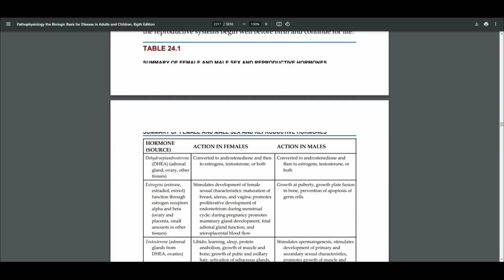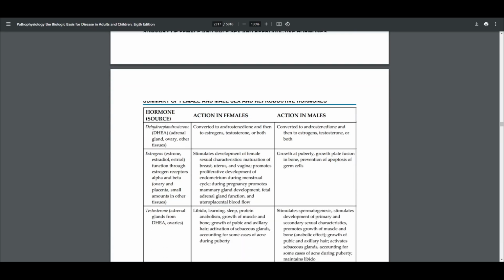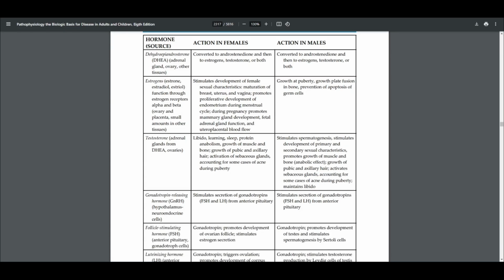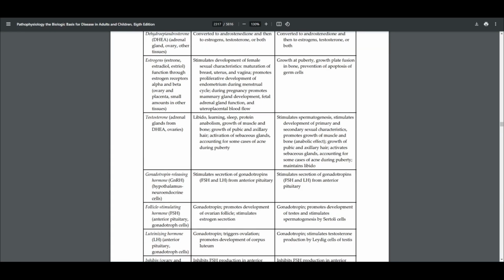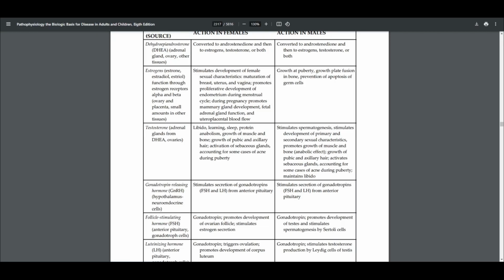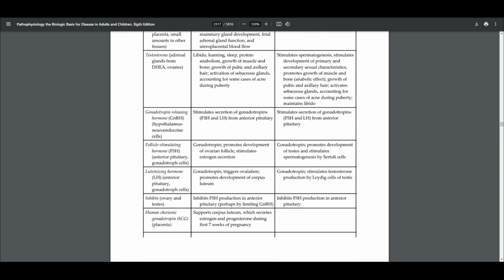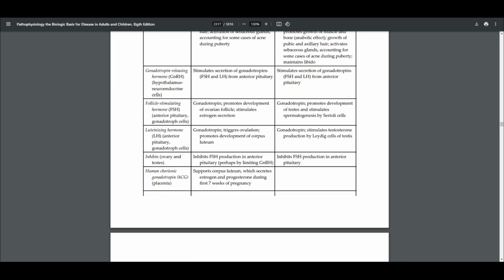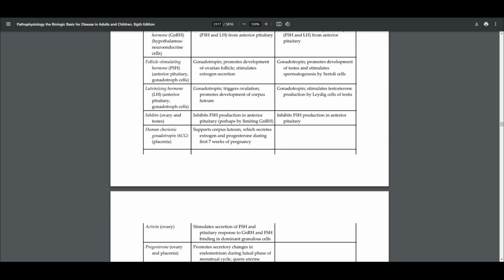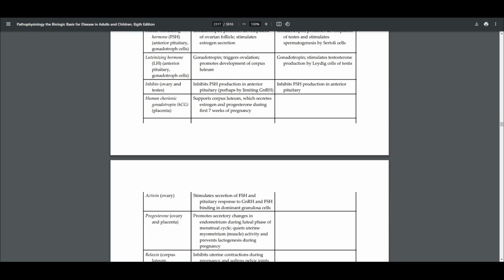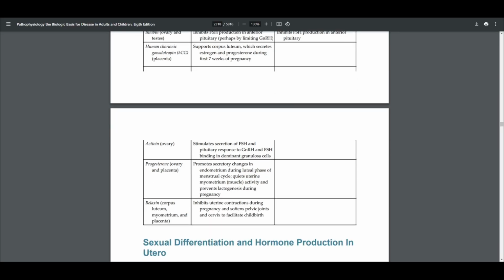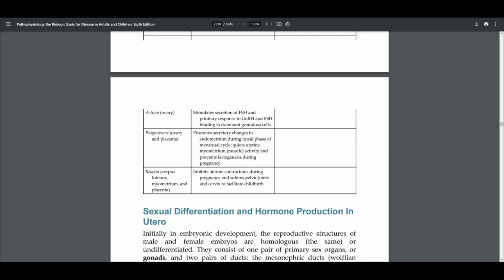So here's a summary of the female and male sex and reproductive hormones. A good spot to hit pause and review, especially if you're not familiar. As we have our dehydroepiandrosterone, your estrogens, testosterones, gonadotropin-releasing hormone, follicle-stimulating hormone, luteinizing hormone, inhibin, human chorionic gonadotropin, activin, progesterone, and relaxin.